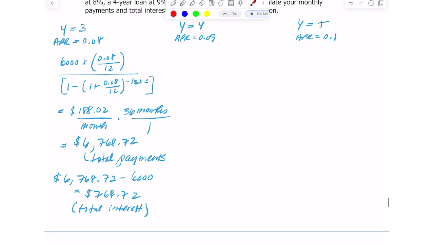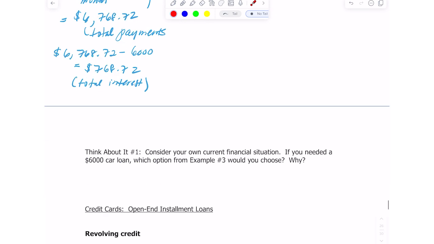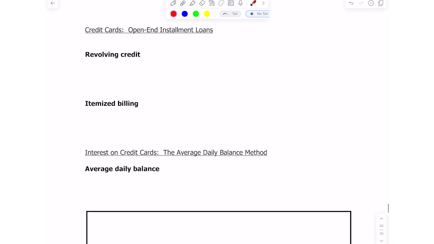Okay, let's next talk about credit cards, which are a type of open-end installment loan, right? So they require users to make minimum monthly payments, and that depends on an unpaid balance and an interest rate, right?